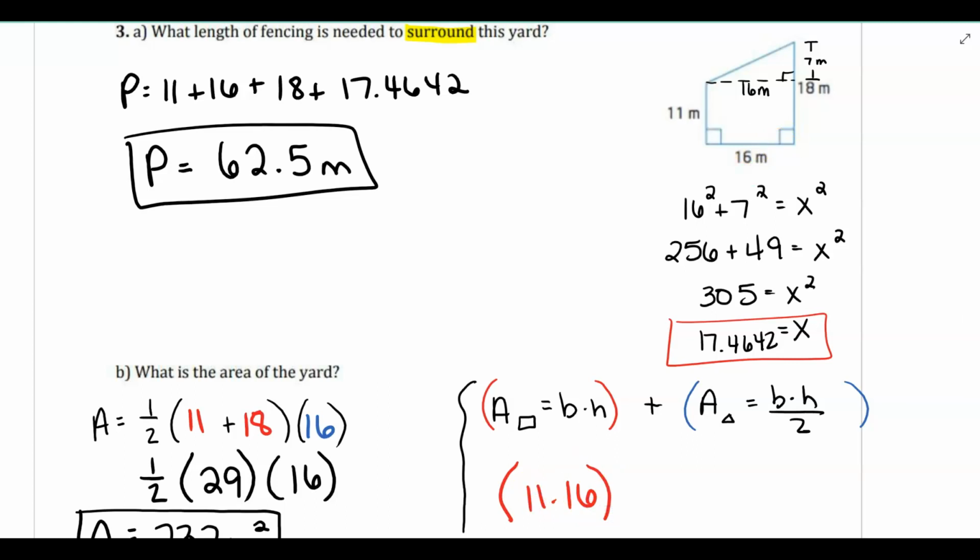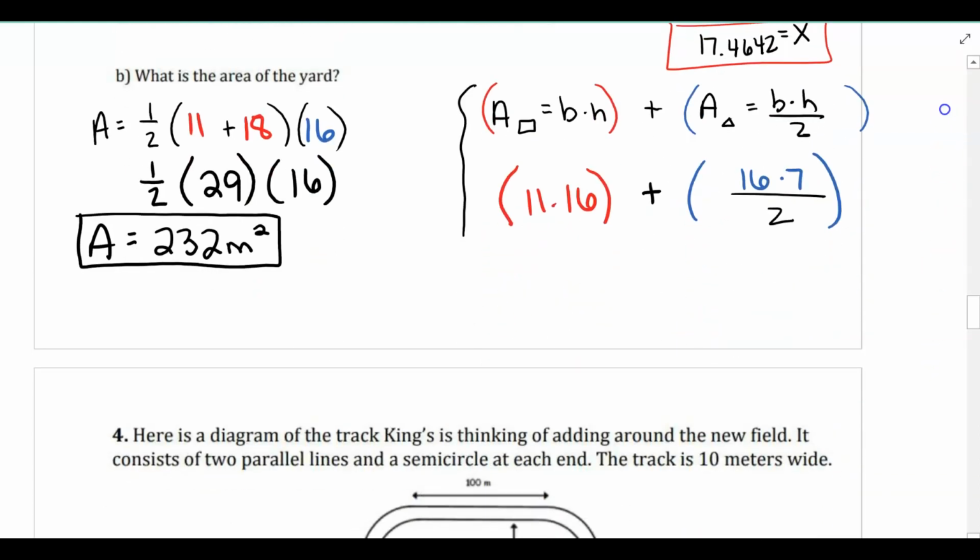The dimensions for my triangle are 7 and 16, right? Those are my perpendicular base and height. Don't forget that's divided by 2 in the end. And then again, once we get those two areas, we add them together.